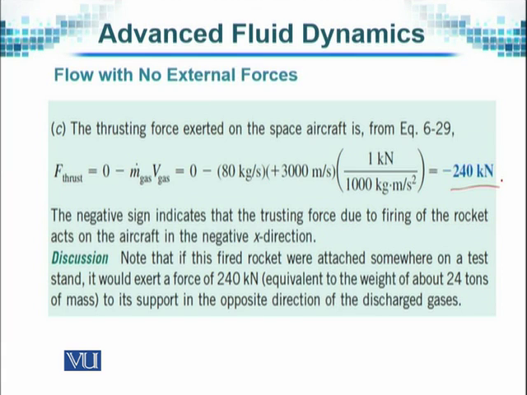So negative direction again indicates that the thrusting force due to the firing of the rocket acts on the spacecraft in the negative x direction. It has to be in the reverse direction. And this force again is equivalent to about 24 tons of mass that is required to support it in the opposite direction of the discharge gases.